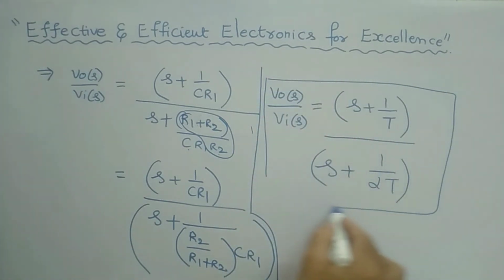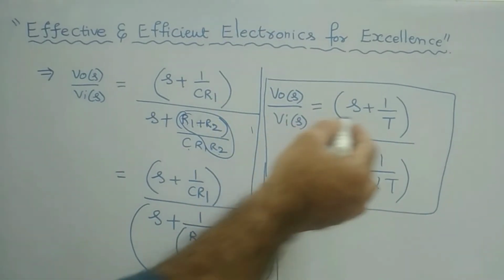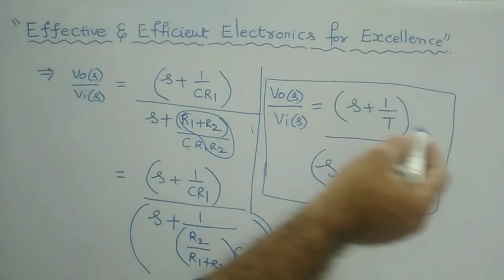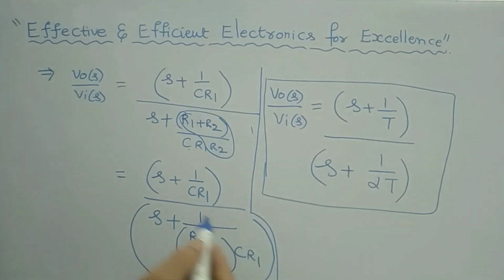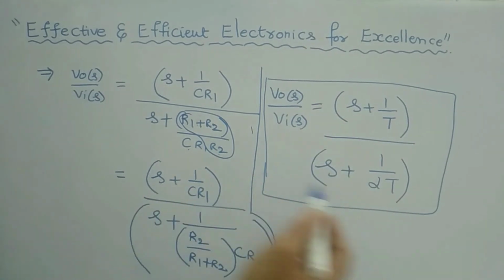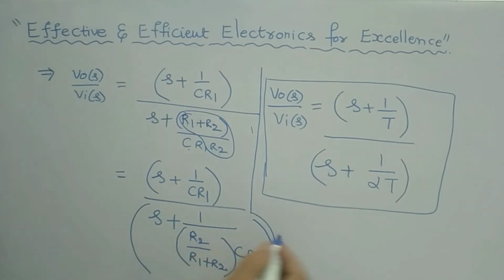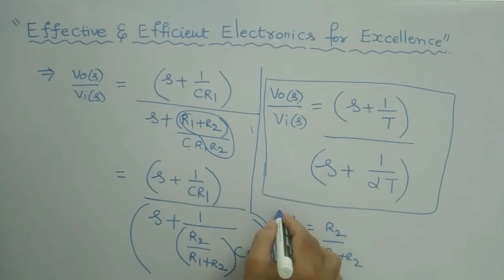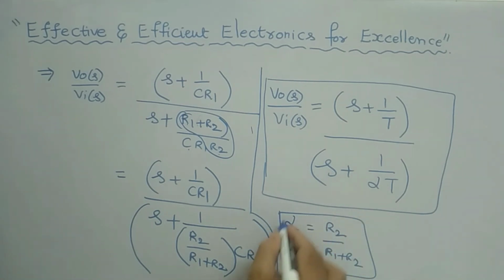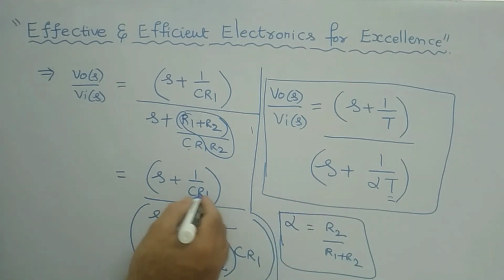This is the final form actually. What is T here? T is the time constant, that is C into R1. What is alpha? Alpha is nothing but R2 by R1 plus R2.